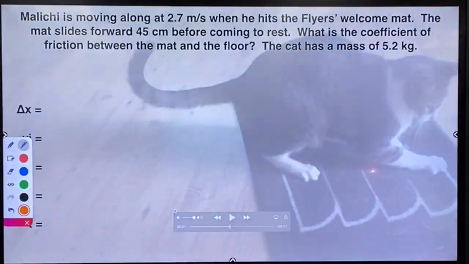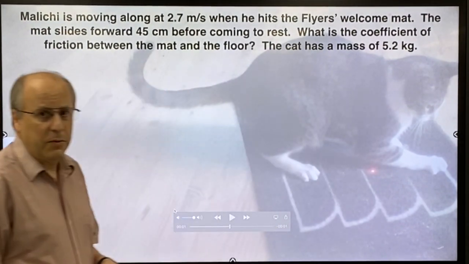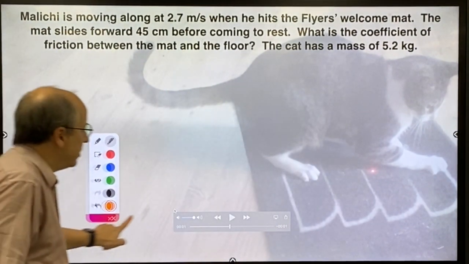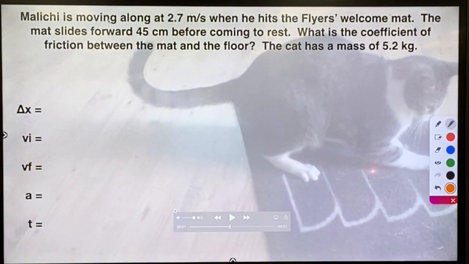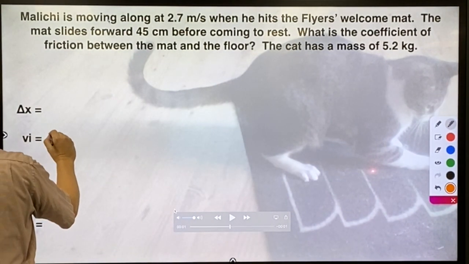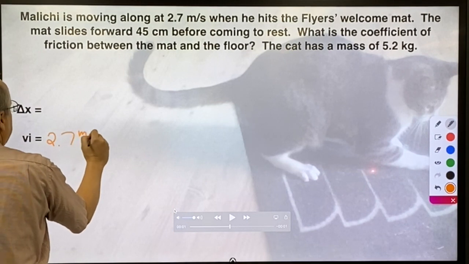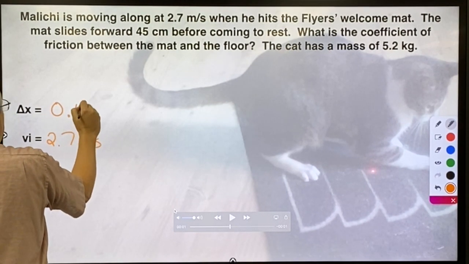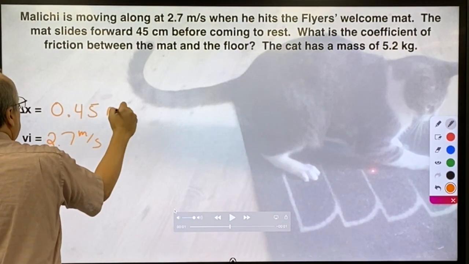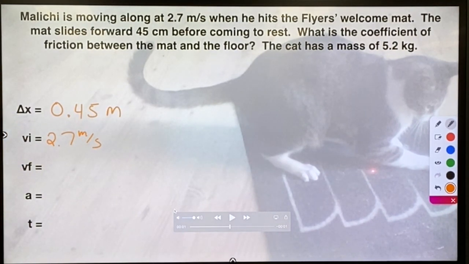All right? So this time you're going to be working it backwards. We start with the stuff that we measured. Malachi was moving at an initial speed of 2.7 meters per second. The mat slid 45 centimeters. Make sure you put it in meters.